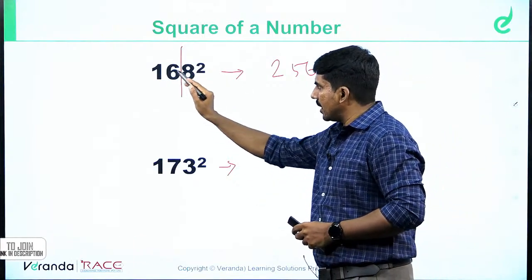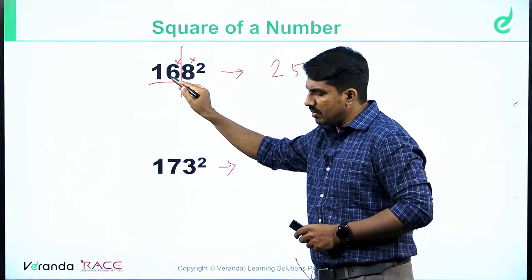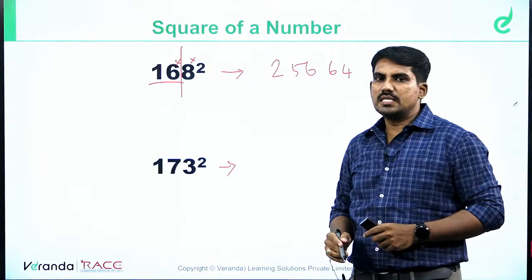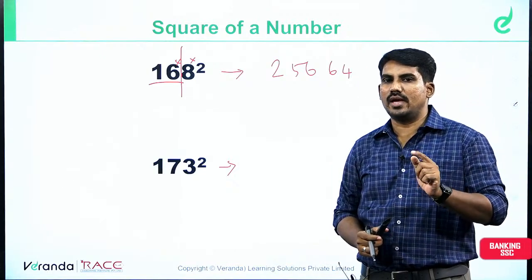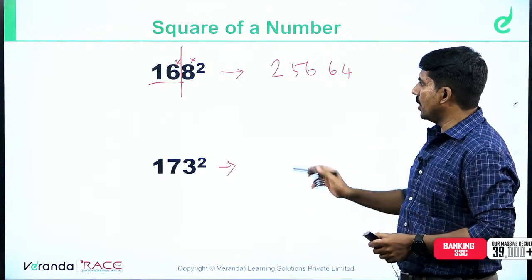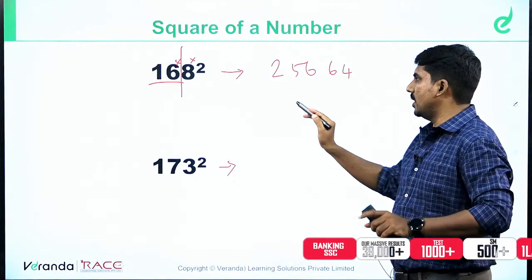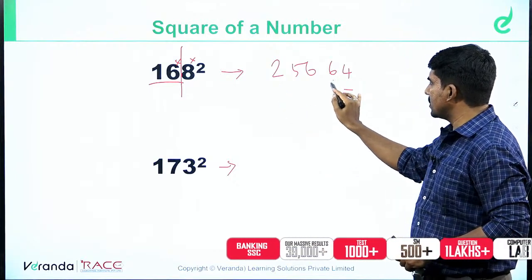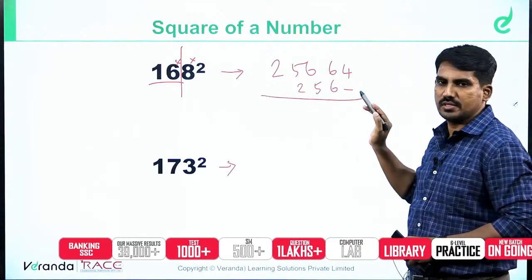We have taken the unit digit separately, and the remaining number is 16. There is a multiplication between these numbers. 16 into 8 into 2. 16 into 8 is 128. 128 into 2 is 256. Now leave the last digit and write 256 here.